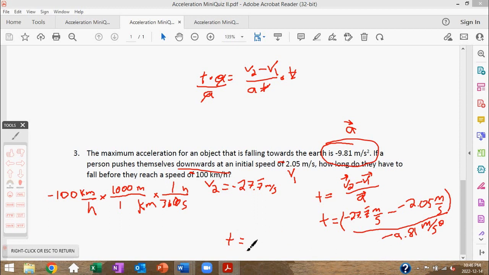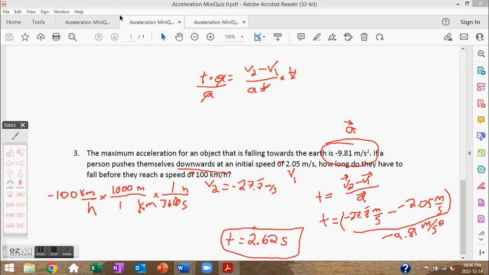And once we've worked that all through, our time is going to be 2.62 seconds. The calculator, of course, spits out something like 2.6226, but the next digit is a 2, so this rounds to just 2.62 seconds.